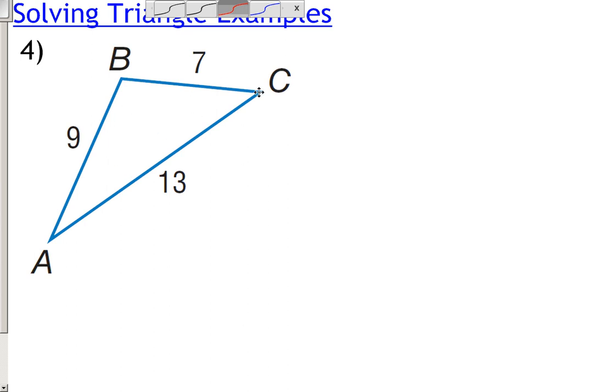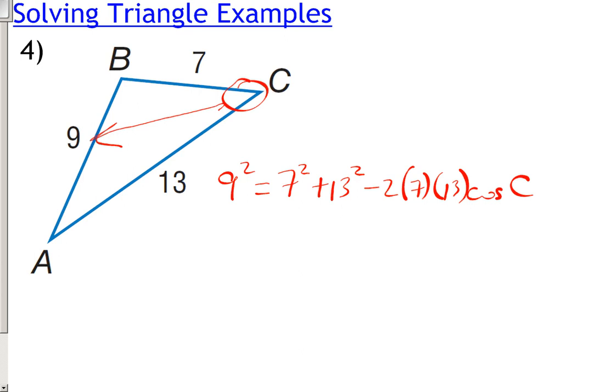So let's just pick this angle right here, angle C, and figure out what it is. So the setup would be, there's the angle, 9 is the side across from it, so the setup goes just like this. And then you guys know how to do this by now. Don't combine the 2, 7, and the 13 with everything else. Don't make the rookie mistake, and that's all I'm going to do on this one.